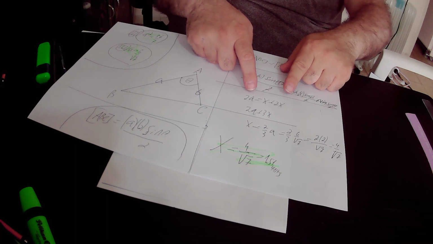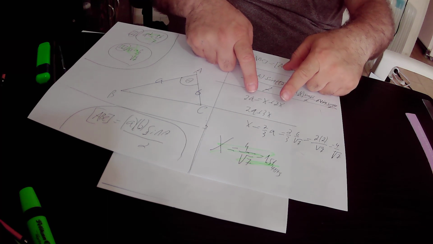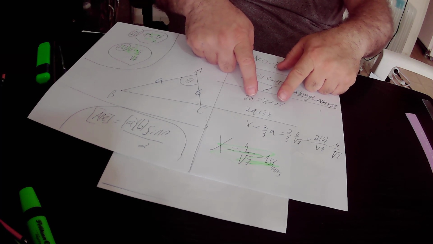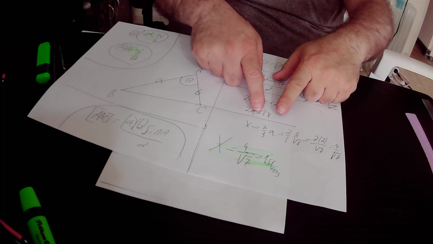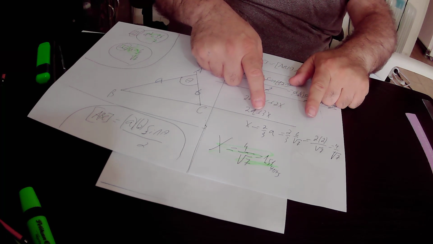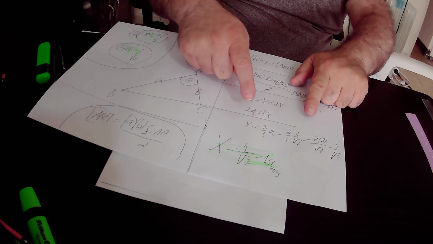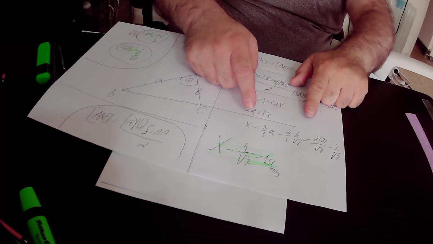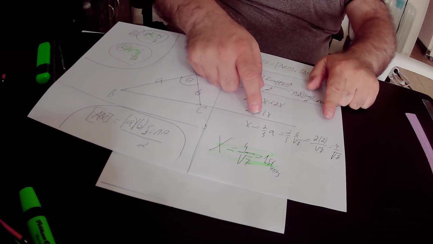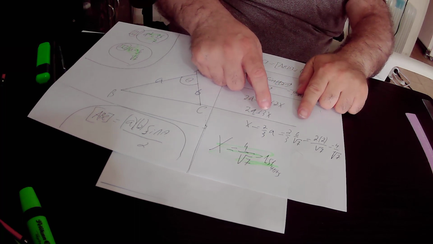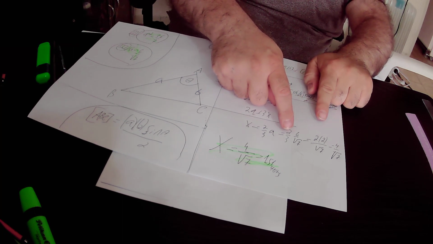That is to say 2A equals 3x. We divided this equation by 3 and found out that x equals 2 over 3 times A, and A equals 6 over square root of 7 units, so we substituted A by 6 over square root of 7 units.